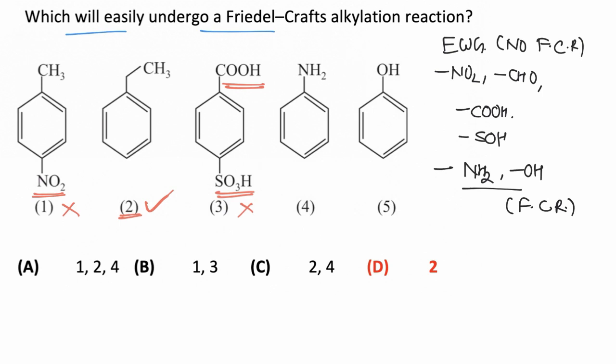In the fourth case, aniline on reacting with AlCl3 will be converted to anilinium ion, which acts as a very strong electron withdrawing group due to the -I effect, so again Friedel-Crafts reaction is not possible. In the fifth case, phenol will donate an electron pair to AlCl3, and hence in the fifth case also Friedel-Crafts reaction is not possible. So Friedel-Crafts reaction is only possible in the second case, and hence the correct answer is D.